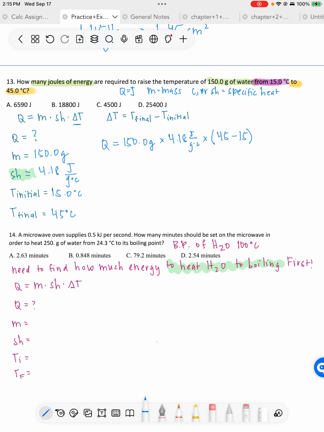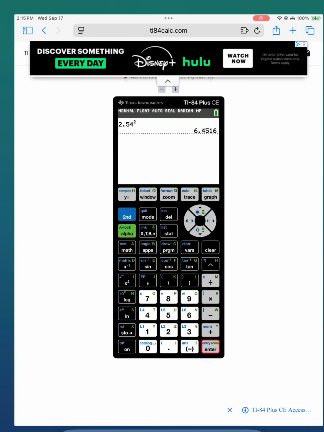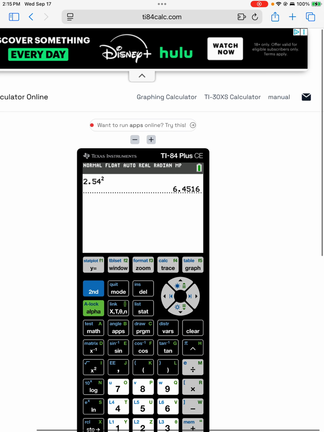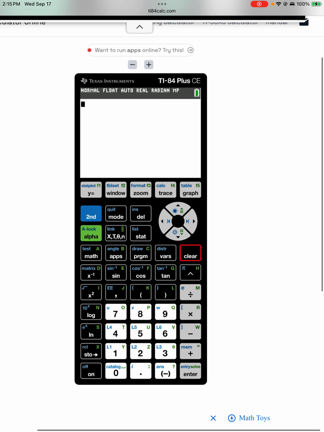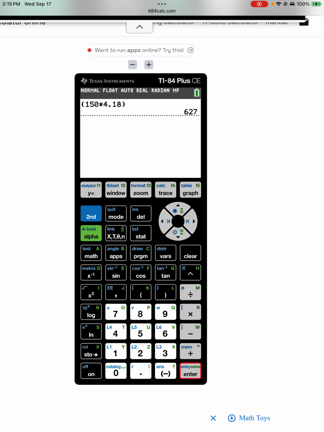Then we're going to go over to our calculator. And here's another good time that you want to utilize your parentheses. So 150 grams of water times 4.18. And that's going to give us an answer. And then I'm going to do my temperature separate because that just is better for my brain this way.